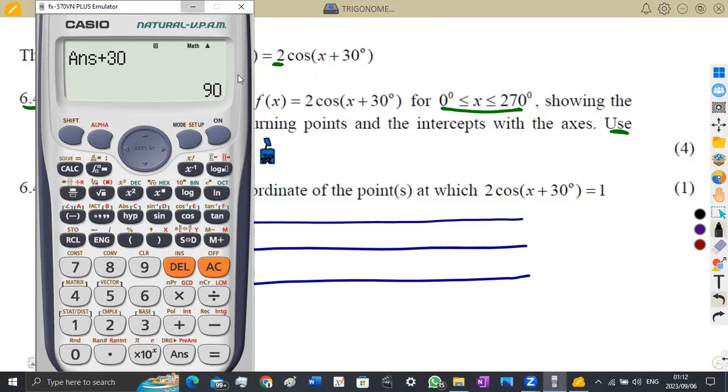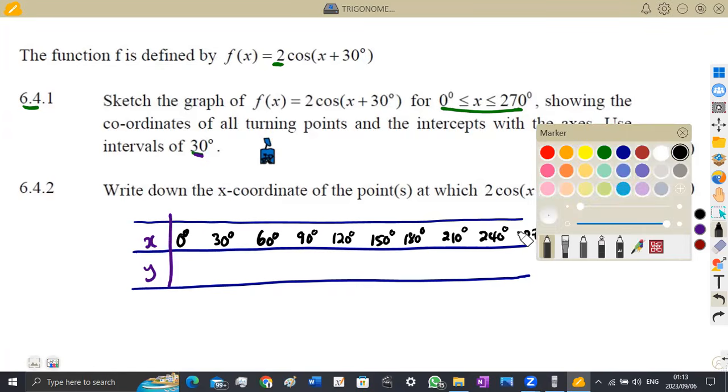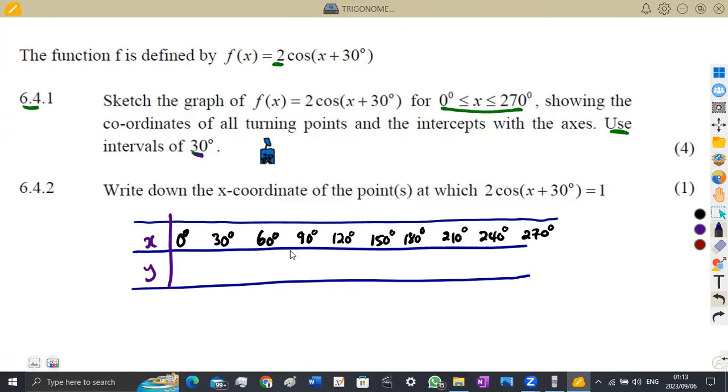So you're going to be adding 30, 30, 30, 30 until you reach 270. All right. So this is going to be 60 here, 90 degrees, 120 degrees, 150 degrees, 180 degrees, 210 degrees, 240 degrees, and the last one being 270 degrees. So this is how we're supposed to have these values separated.